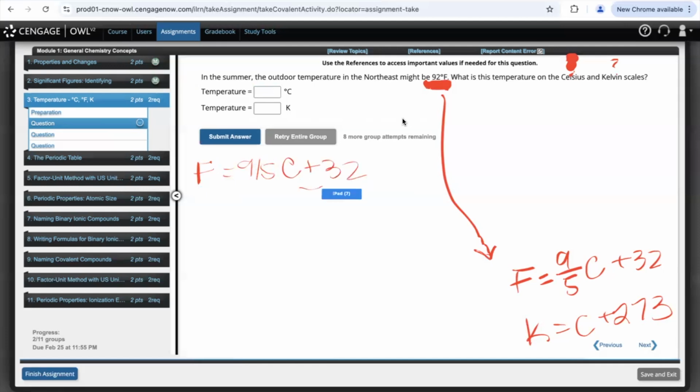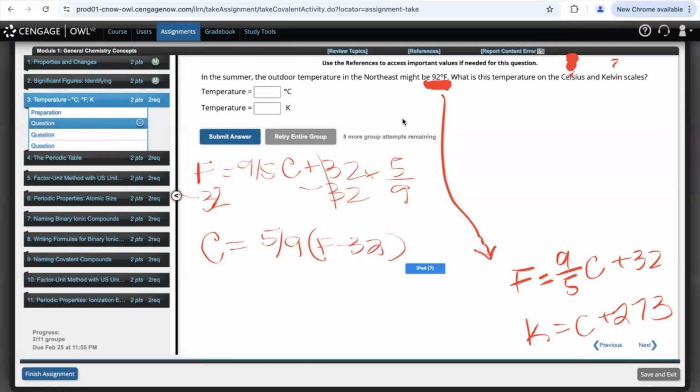All right, so minus 32 from each side, times 5/9. So C by itself would be 5/9 times Fahrenheit minus 32. There's my formula. Now I can plug it in here.